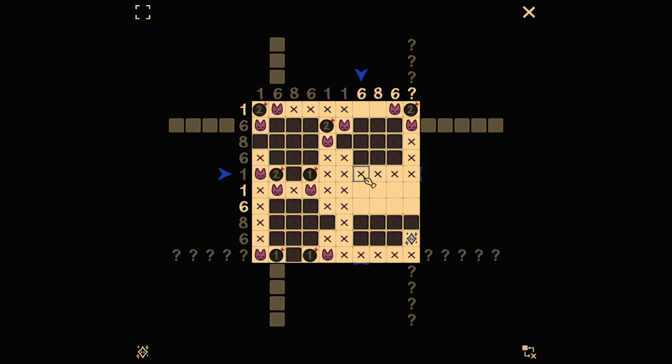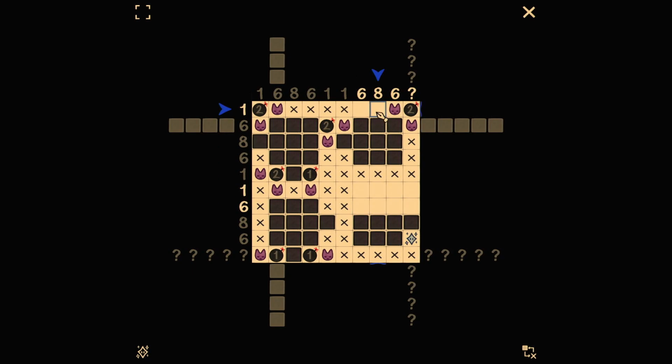Considering 1, 2, 3, 4, 5 means that there is still 1 in this row. It is likely this one, but I don't have that confirmed, so I'm not going to force that. 1, 2, 3. There are too many in this. None of these are necessarily forced to be this way or this way.